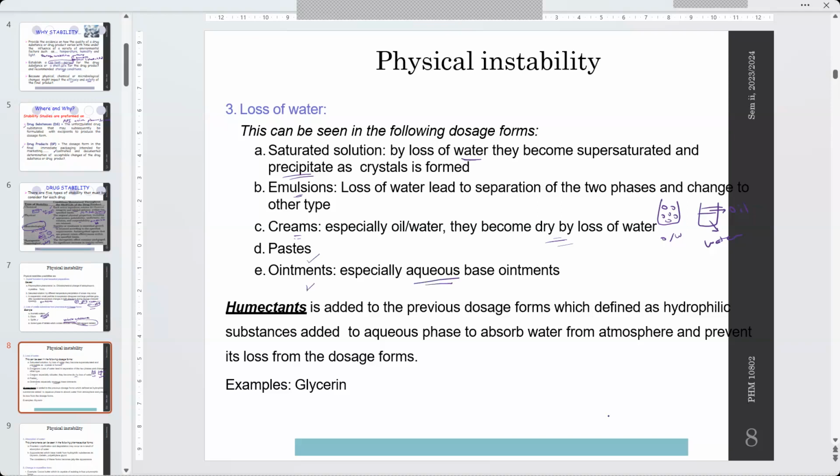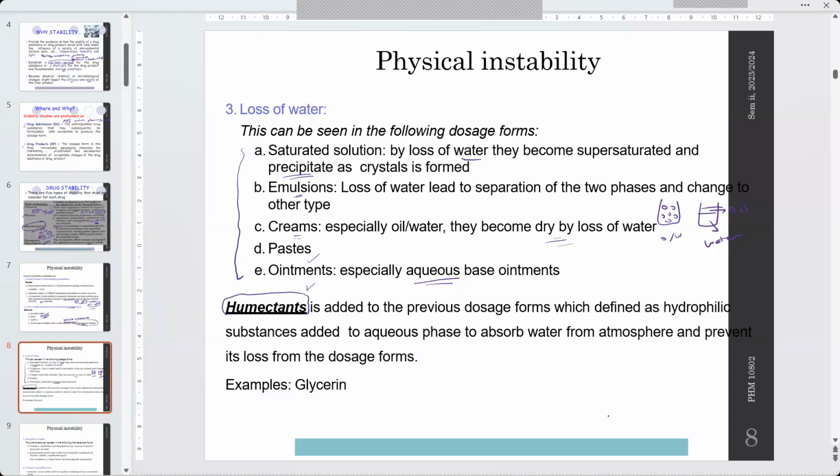How to prevent loss of water from the several dosage forms? You can add a substance called a humectant. A humectant is a substance that by nature absorbs water. So if it is part of the formulation, it will absorb water and retain water within the formulation.